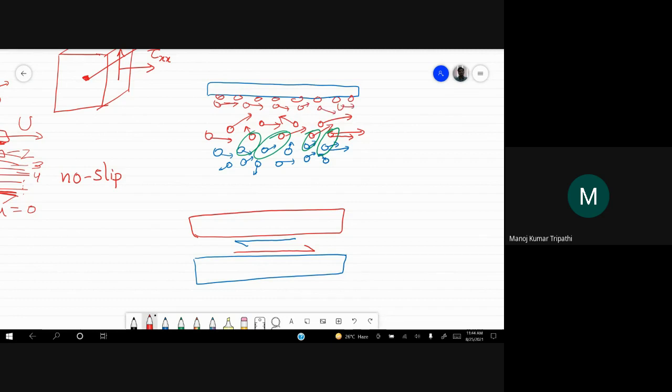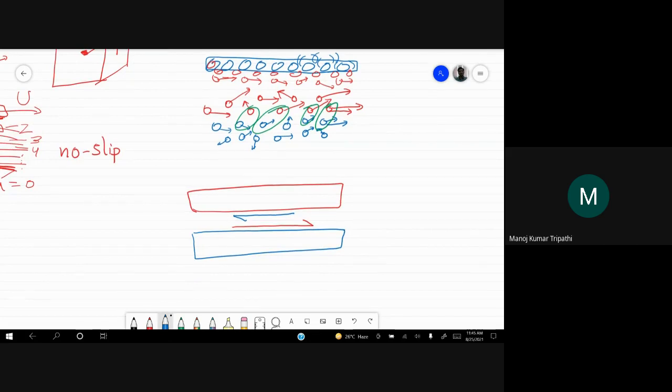Still there are vibrations in the molecules. They are not completely stationary. Even in solid, there are molecules which are vibrating. So all of that is happening.